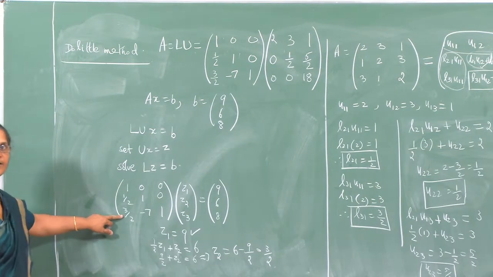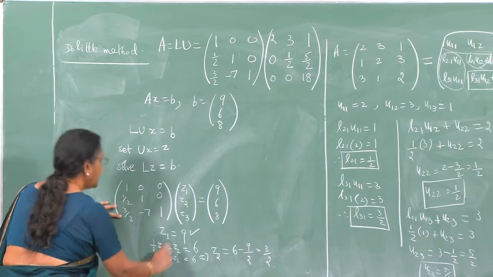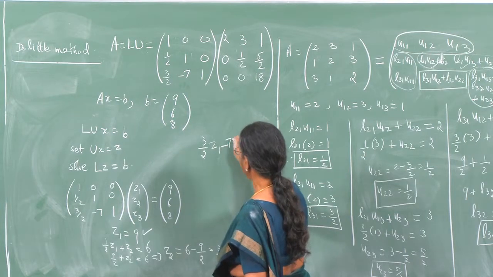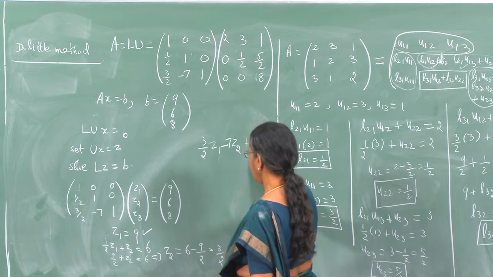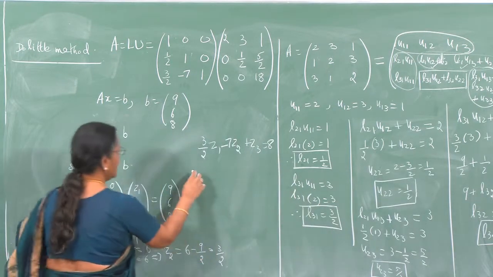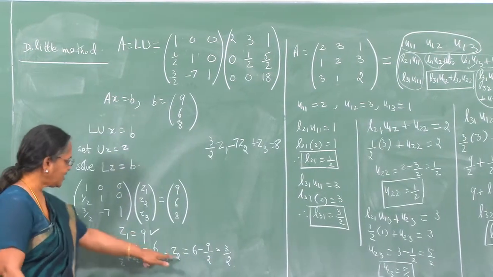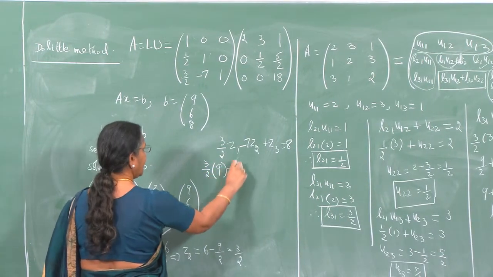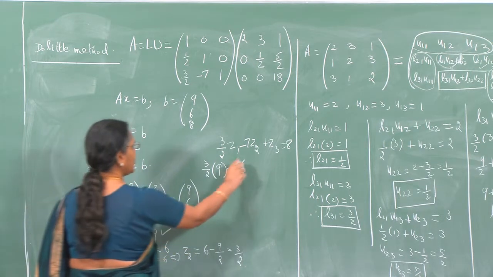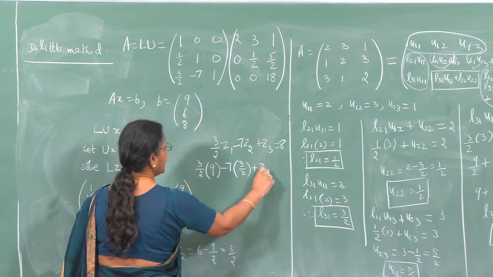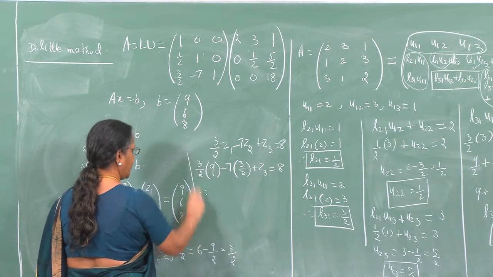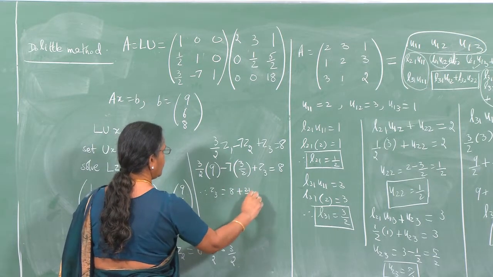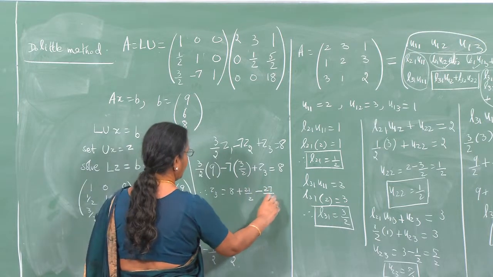Now, I move to the last equation. What does it give? It gives you 3/2 into z1 minus 7 z2 plus z3 equal to 8. We already have z1 and z2 with us. So, 3/2 into z1 is 27/2 minus 7 into z2, which is 21/2, plus z3 is 8. So, therefore, z3 will be 8 plus 21/2 minus 27/2.